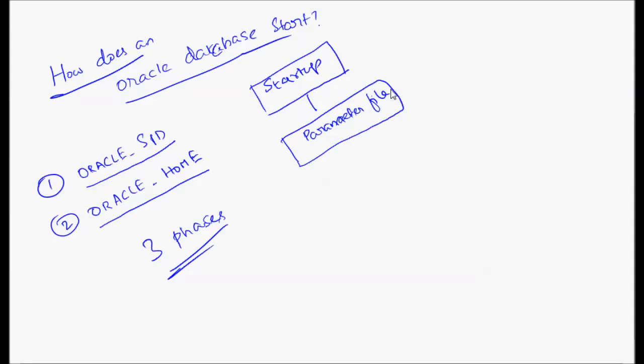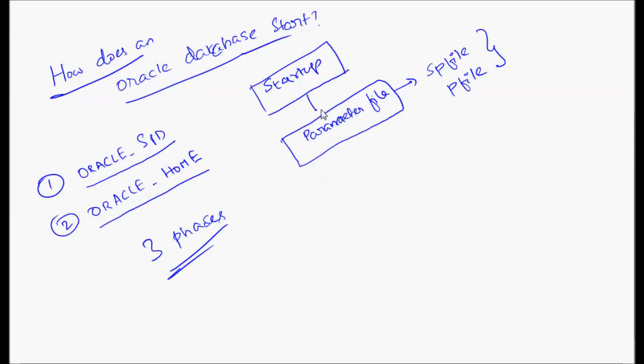Like I explained in some of the previous videos, a parameter file can be found as an SPFILE or as a PFILE. I'll explain where they can be found, but just remember the sequence.